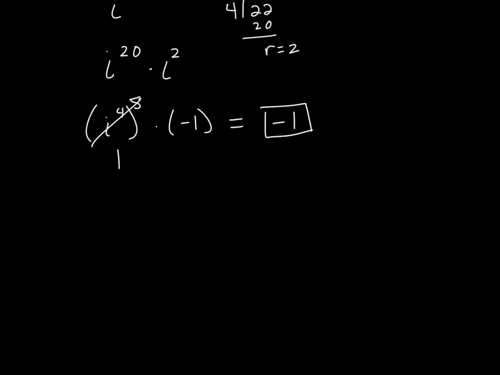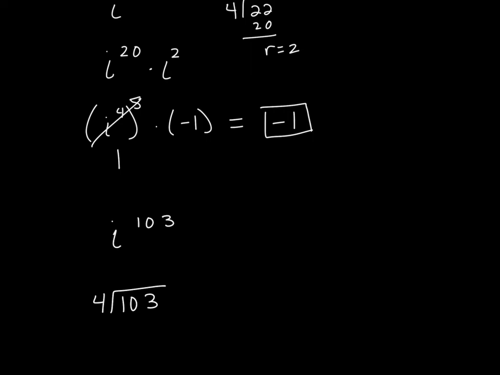Let's go ahead and do another one. Let's say you had i to the 103rd power. First thing, again, I'm going to take that 103 and divide it by 4. And again, I'm always using 4 because I know i to the 4th power is equal to 1.